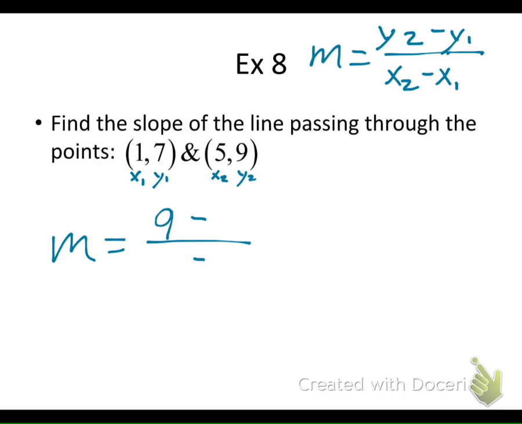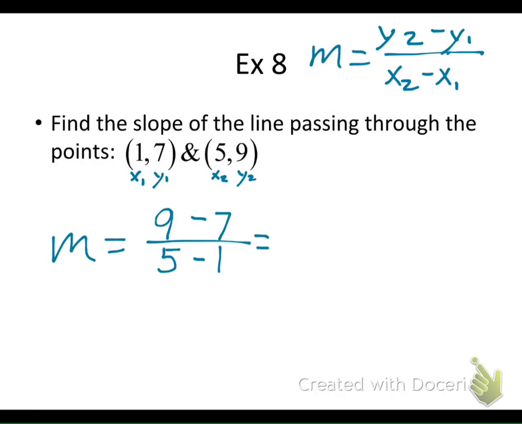So what's next? 7. And then who can tell me what goes on the bottom? Andy? 5, yep. And then 1. Perfect. And we don't have any of those messy negatives this time, right?